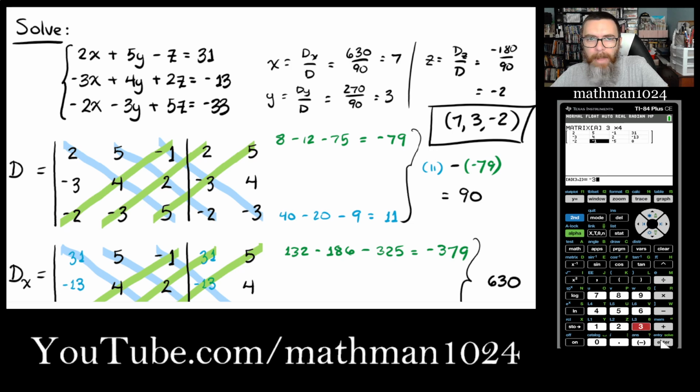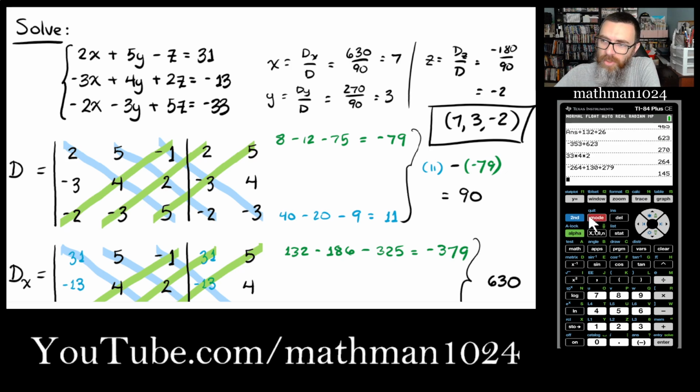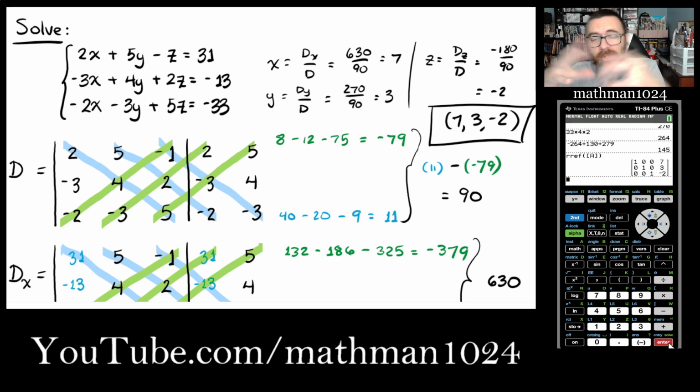Negative 2, negative 3, 5, and negative 33. Remember, just typing it in doesn't give us the answer. We have to quit out of this, go to our matrix menu, and perform the reduced row echelon form of matrix A, and you see that it gives us the answer 7, 3, negative 2. So it's the same answer that we already had.